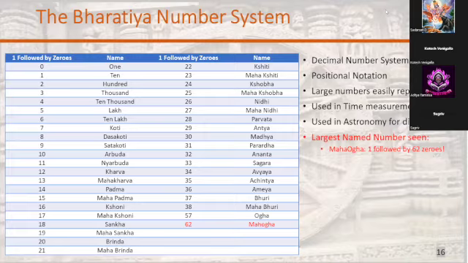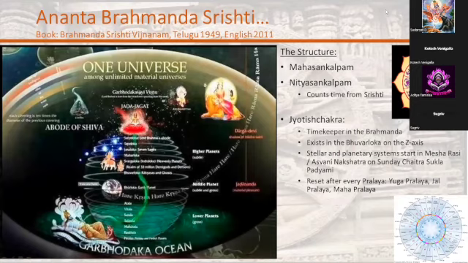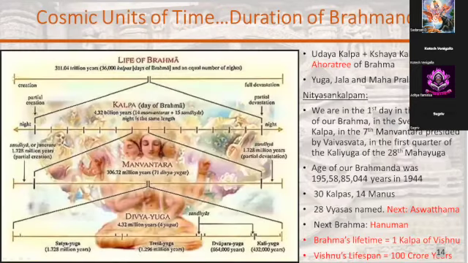Parardha is 50 years in the life of Brahma. So at the very top, this horizontal bar is 100 years on Brahma's time scale, and that is divided into half. Each half is called a Parardha. So 50 years on Brahma's time scale is one Parardha.